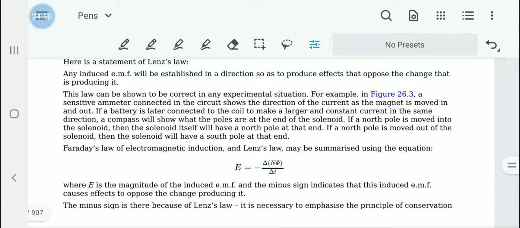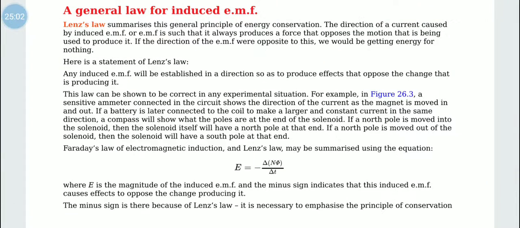So we say that any induced EMF will be established in a direction so as to produce effects that oppose the change that is producing it. This important statement is something that you need to remember. Any induced EMF will be established in a direction so as to produce effects that oppose the change that is producing it.